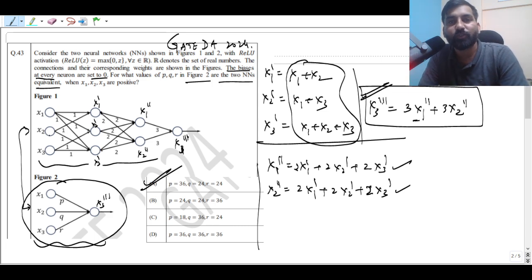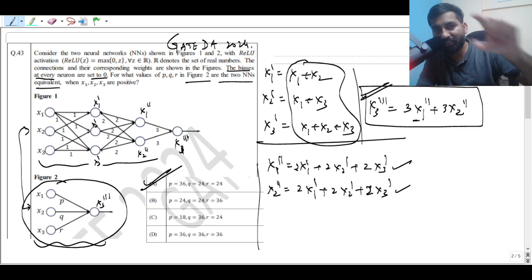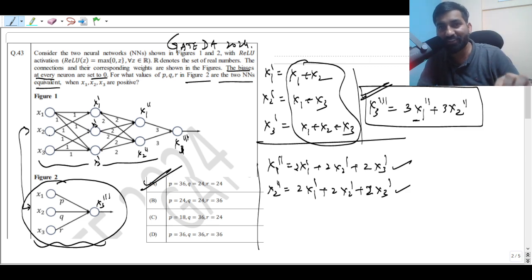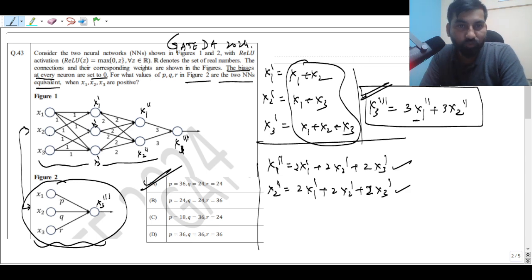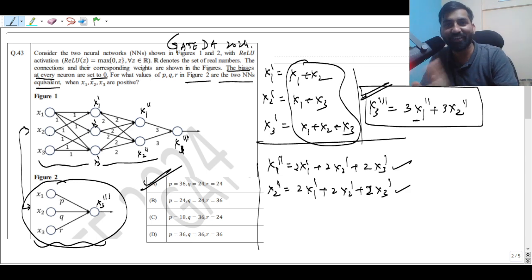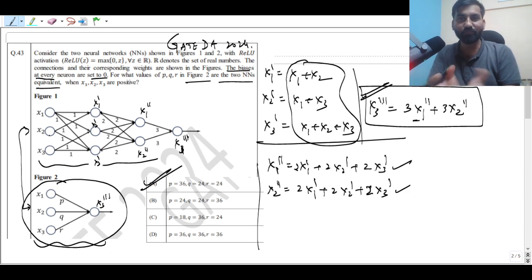So the inputs x1 dash, x2 dash, x3 dash are going to become an input for x1 double dash, x2 double dash, right? So you can choose A, B, C, D also. I don't have any issue. You see what we are doing. We are just following what an artificial neuron does mathematically. Okay, so you will get the answer.